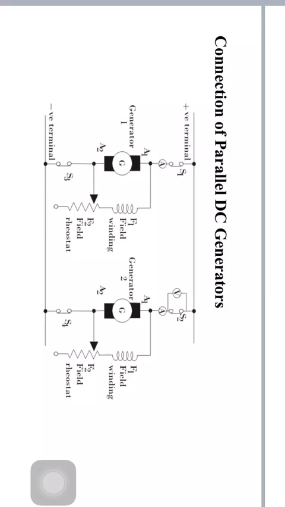So first the S4 switch is closed, so that the prime mover of generator 2 is brought up to the rated speed.